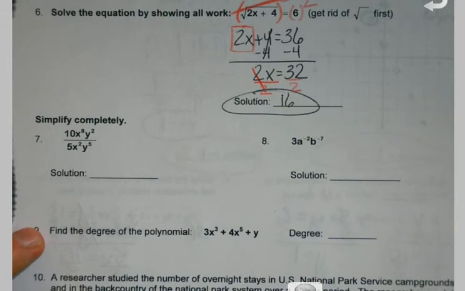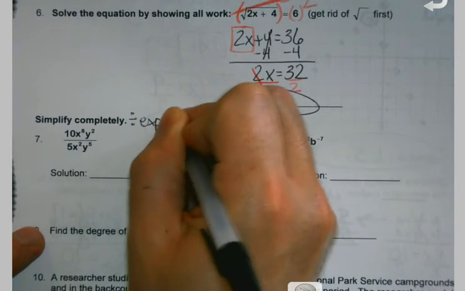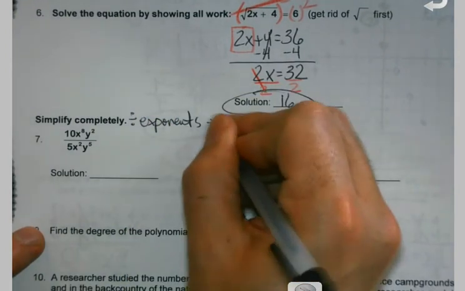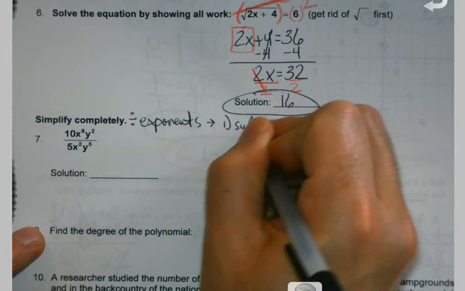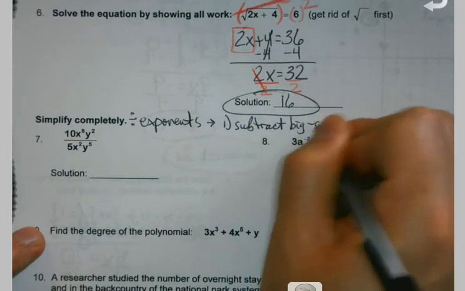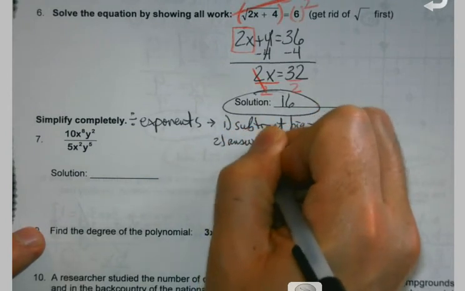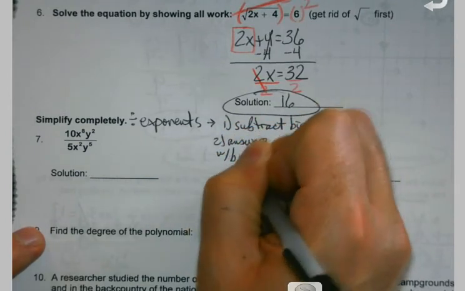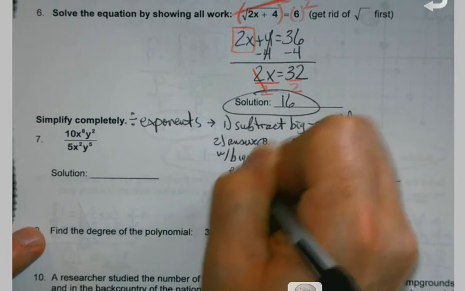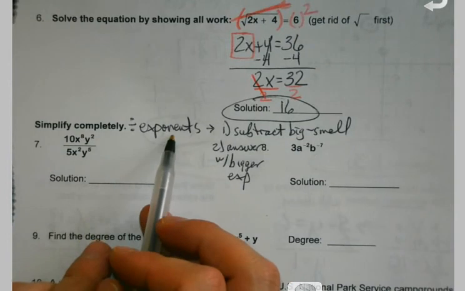So then when we're doing division with exponents, whenever we divide with exponents, we're going to subtract, big minus small, and the answer goes with the bigger exponent. Now, again, this is with the exponents.